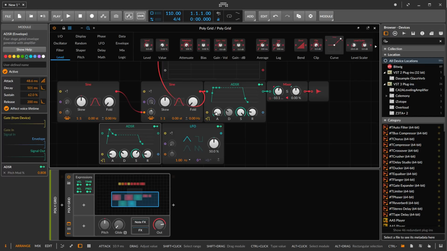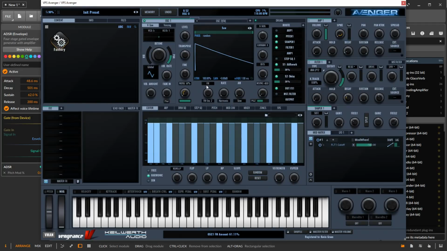And if I can go around a central frequency and then add and subtract equally above and below it, I'm going to get a coherent timbre shift. And one synthesizer that does let me do that is VPS Avenger. When they say FM, they actually truly are talking about true FM. And we can see that if we just do this.